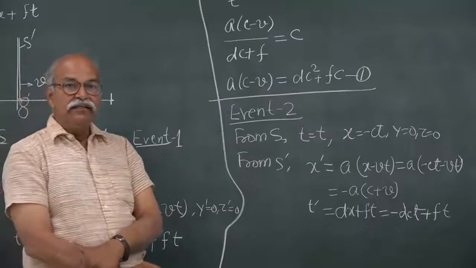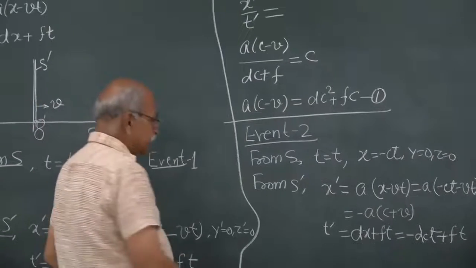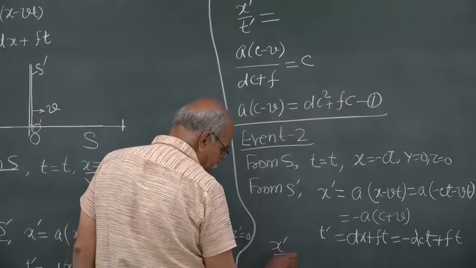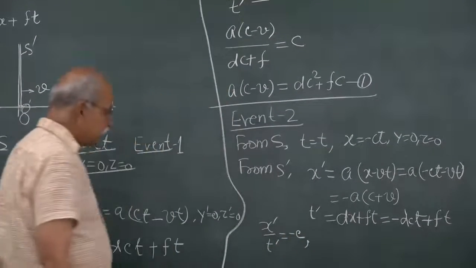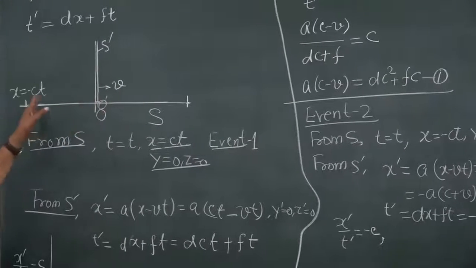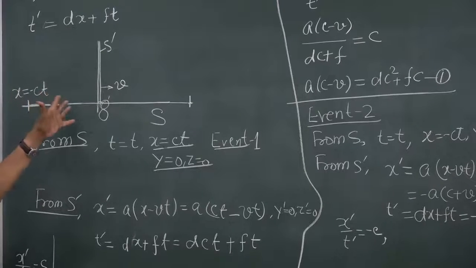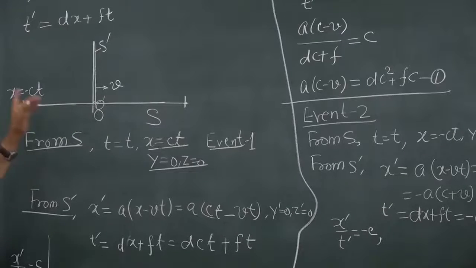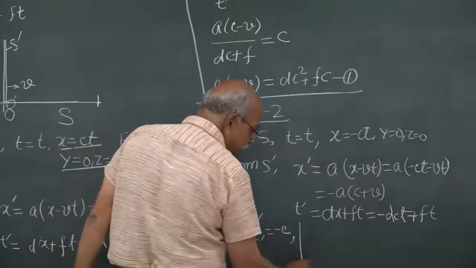And if I divide x prime by t prime, what should I get? x prime by t prime, I should get minus c, right. x prime is the x prime coordinate of this event and t prime is the time. So, x prime is minus c t prime. So, x prime by t prime is minus c. So, you divide here, what do you get?